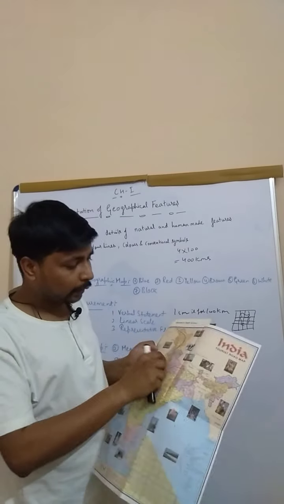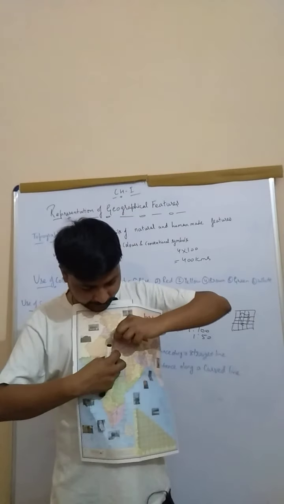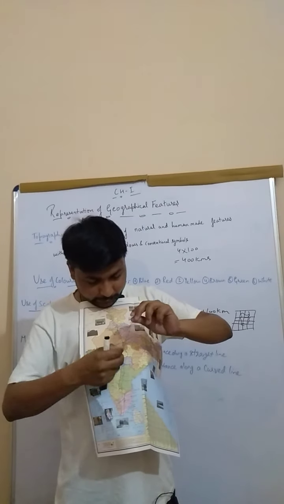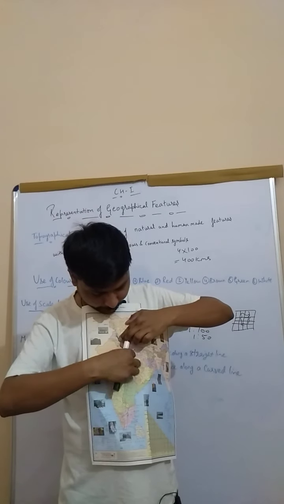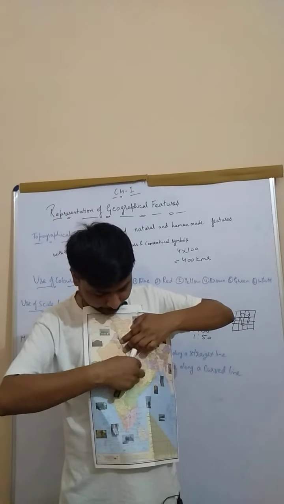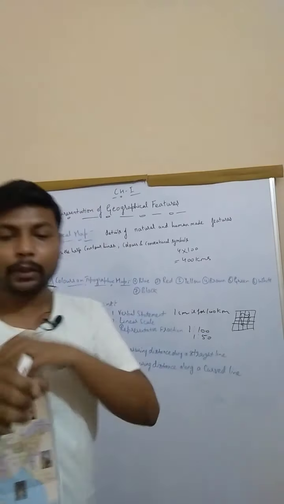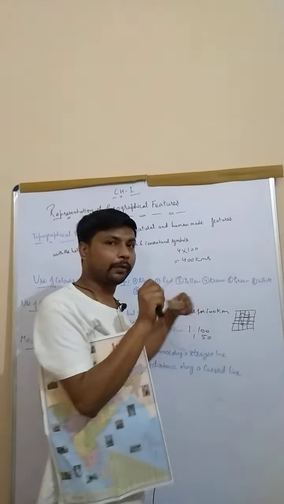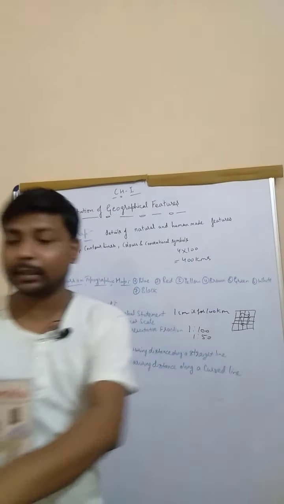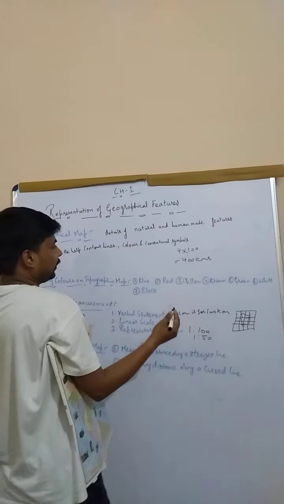I will take a thread and place it like this from here, wherever the curved line goes. Then you straighten the thread and measure it with the help of a scale, right? Suppose it is approximately 7 centimeters.